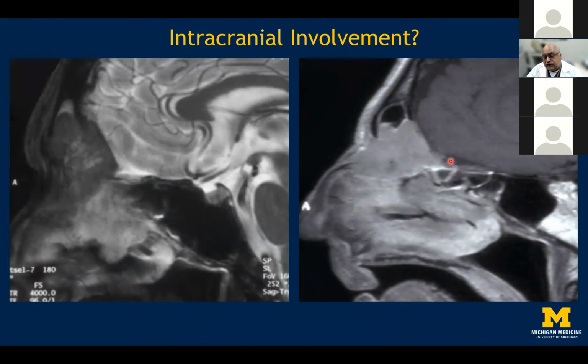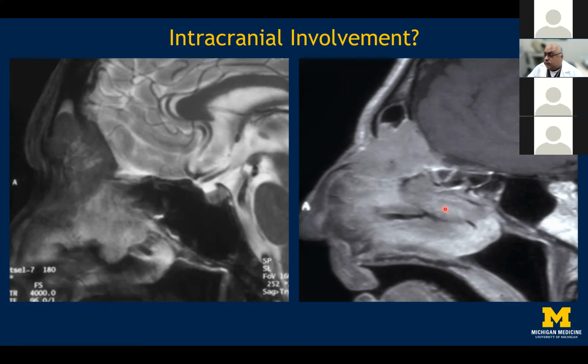But if you look very carefully in this slide, you can see that there is involvement of the brain parenchyma as a sliver of enhancement. So one has to be very careful and note these changes which are present, and make sure that the brain is not involved for the evaluation of this patient.